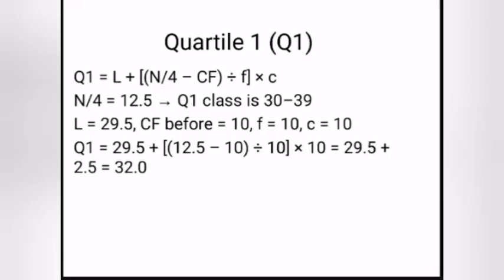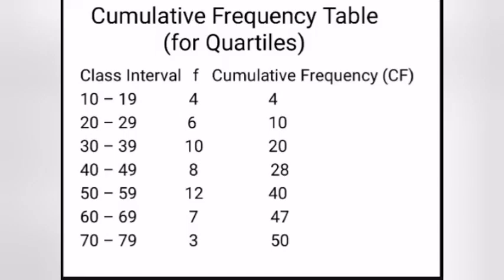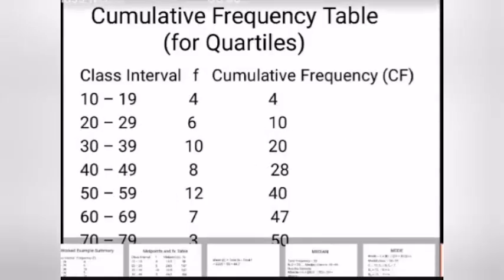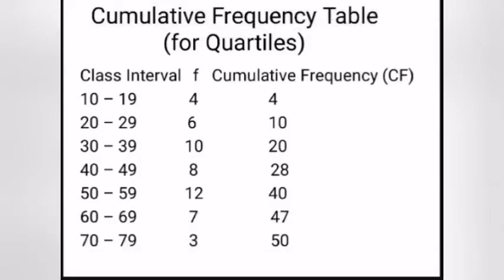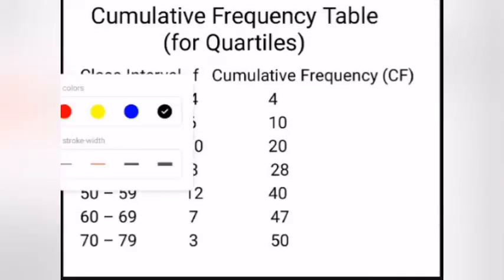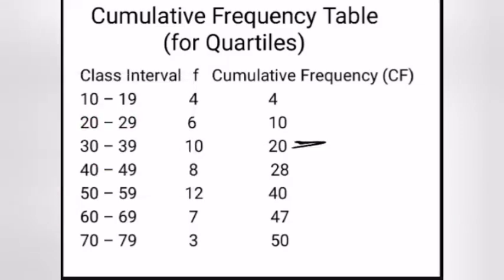So you find the class. The 12.5 is here, so the class is 30 to 39. That's the class of the Q1.